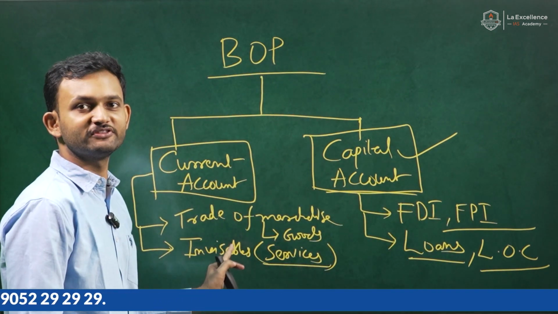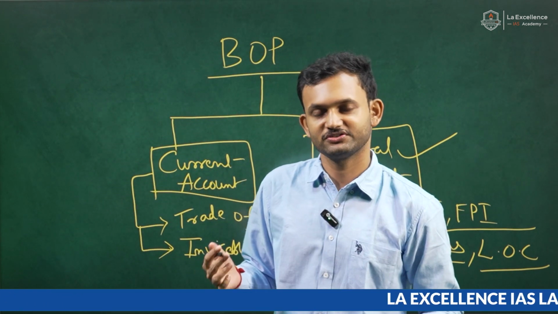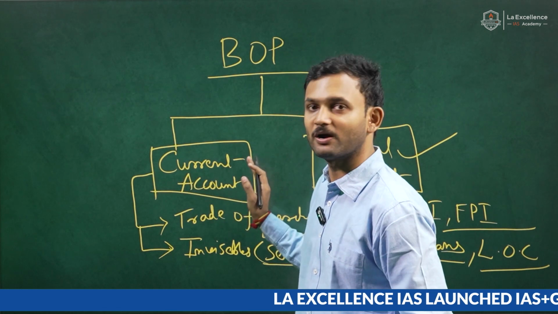Hope you are clear with this concept. At least I made it easy to understand. If that is the case, let's move on to the last part of it. Then what actually is the balance of payment?